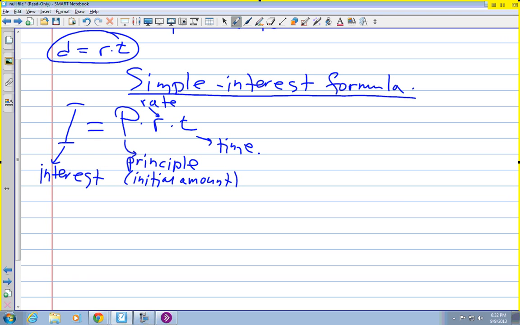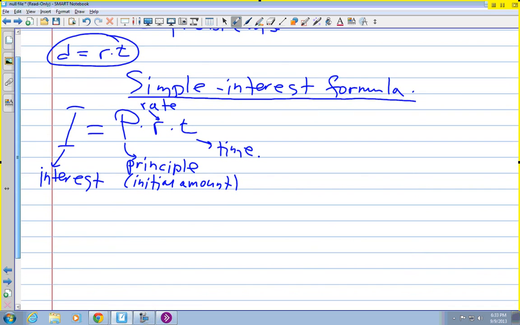If, let's say, the rate is 5% per year, then time should be in terms of years. If the question was, how much interest you earn after 6 months, then t is half a year. Does that make sense? You have to match the rate with the time as far as the unit of measure.